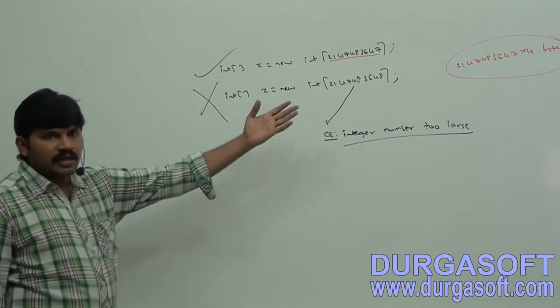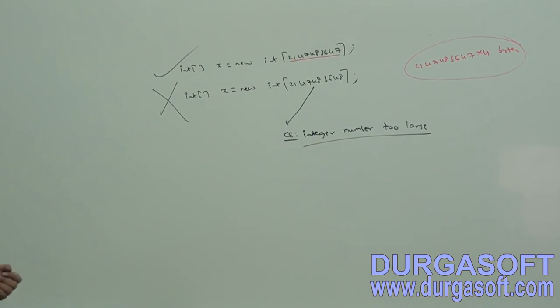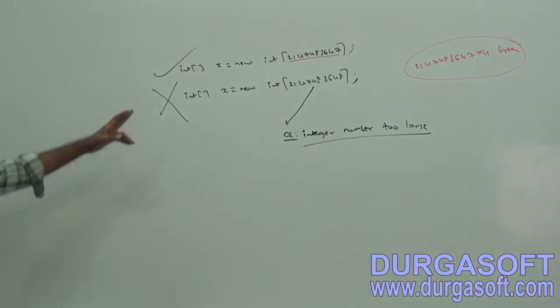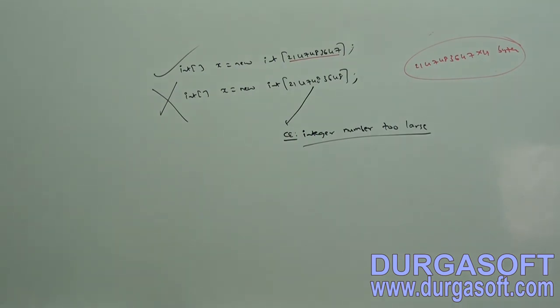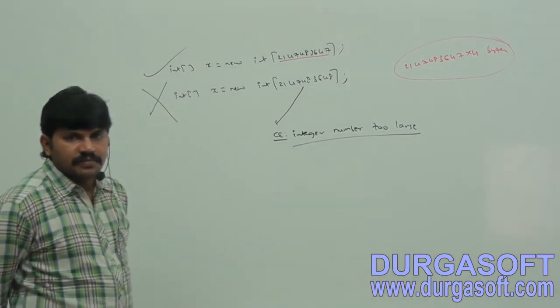Take both examples: the first one is valid, but the second one is invalid, and we get "integer number too large", a compile time error.